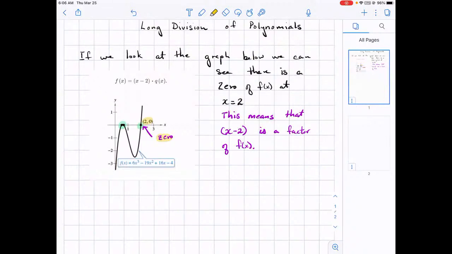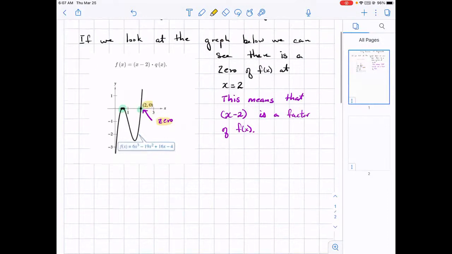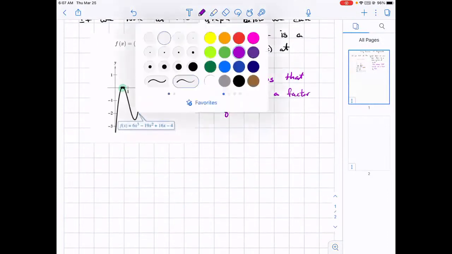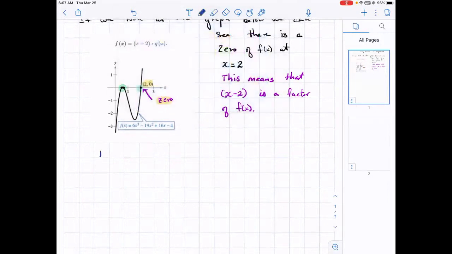Because if you recall, let's say we have x squared plus 7x plus 12 equals 0.